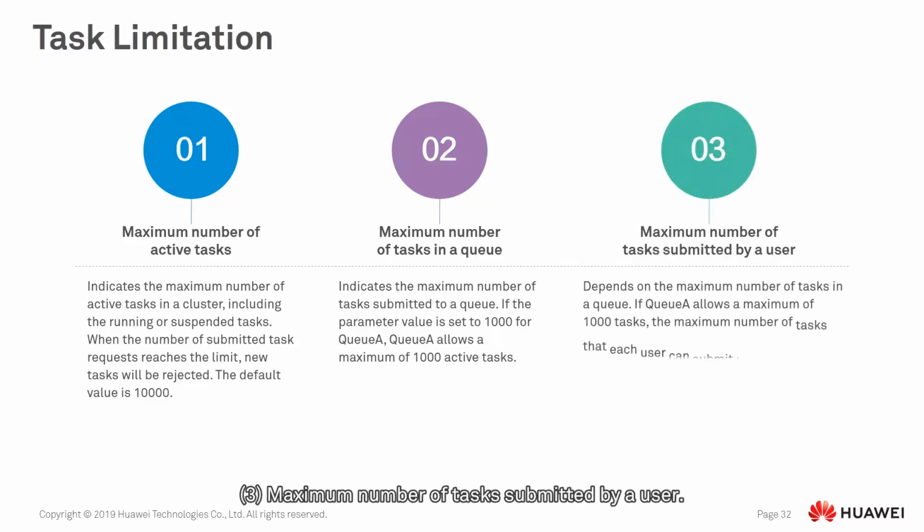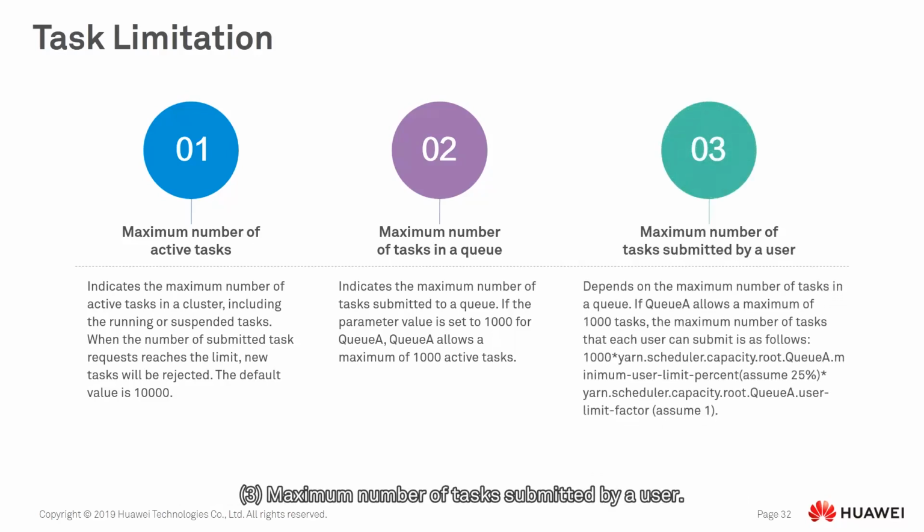And third is maximum number of tasks submitted by a user. This parameter depends on the maximum number of tasks in a queue. For each user, the maximum number of tasks submitted is the product of three parameters, which are the maximum number of tasks in a queue, minimum resource assurance of a user, and the maximum resource usage of a user.